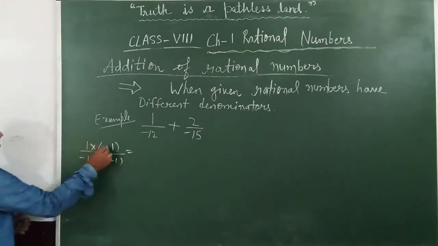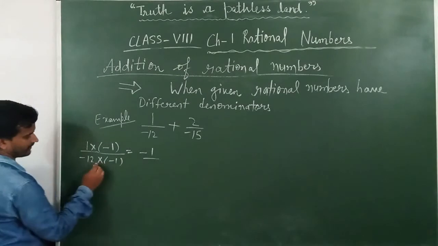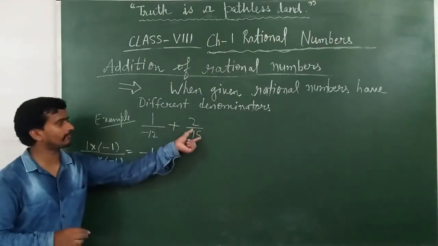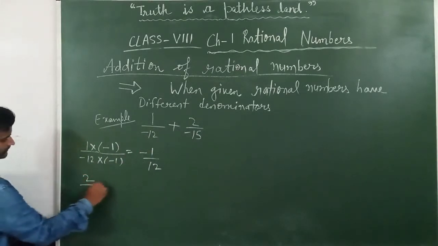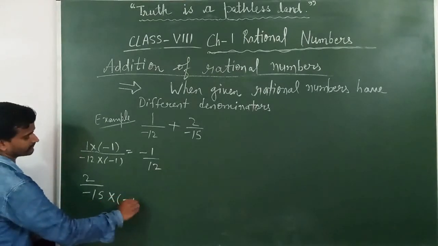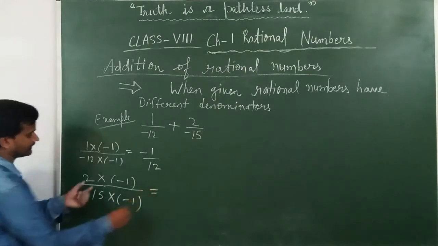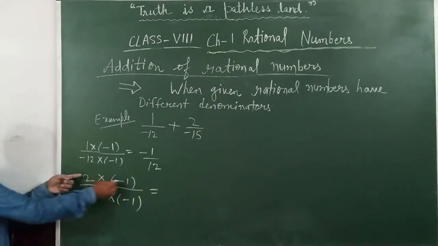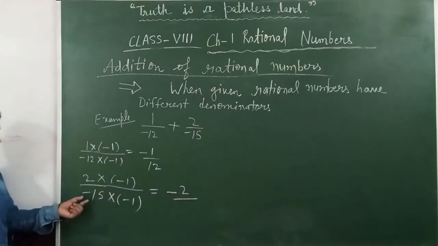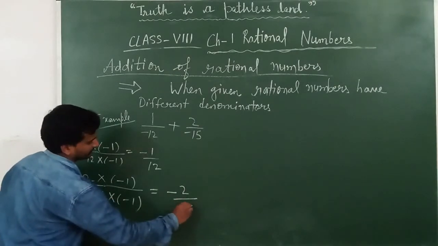It will become minus 1 upon 12. Similarly, 2 upon minus 15: multiply denominator by minus 1 and numerator by minus 1. It will become minus 2 upon 15.